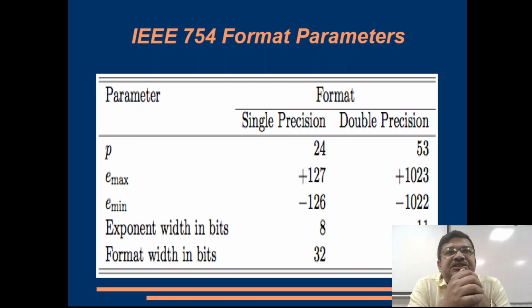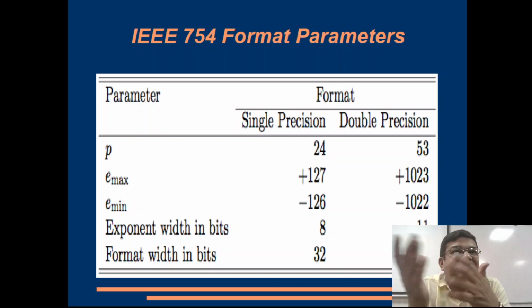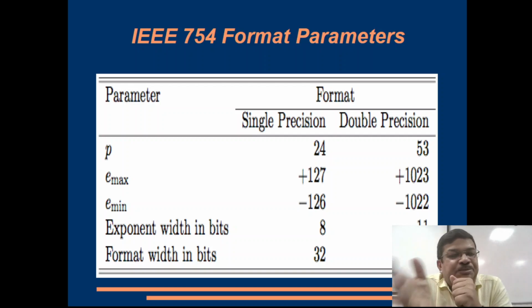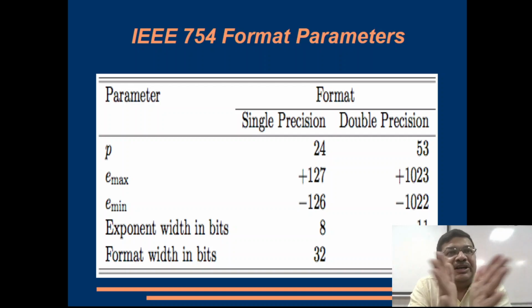The 8-bit exponent field in single precision gives you the range from -126 to +127, and for double precision from -1022 to +1023. The exponent bits are of course 8 and 11, and the total format width, word length as we call it, is 32 bits for a float and 64 bits for a double.